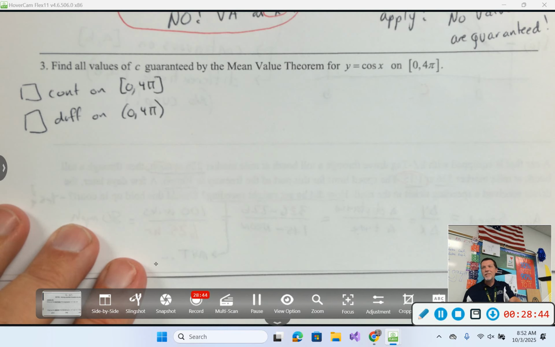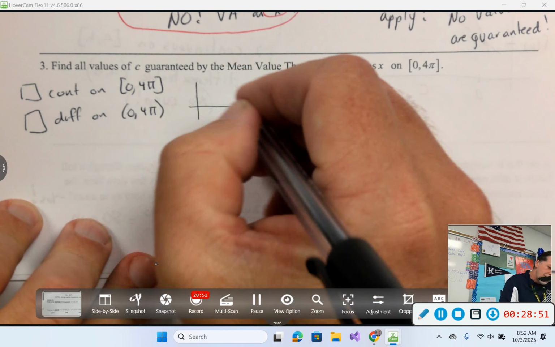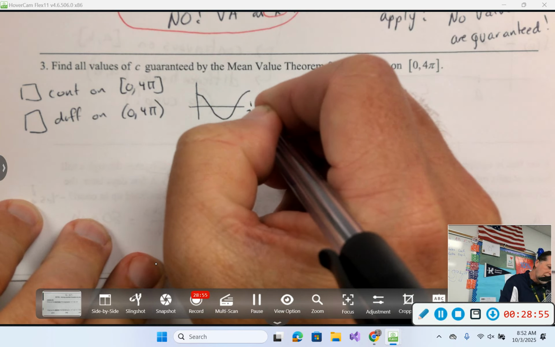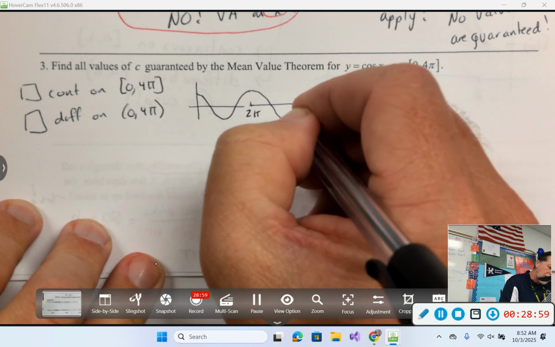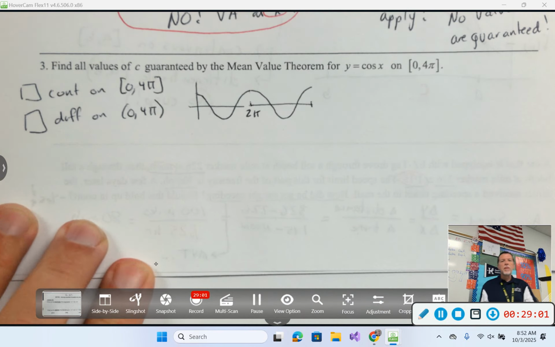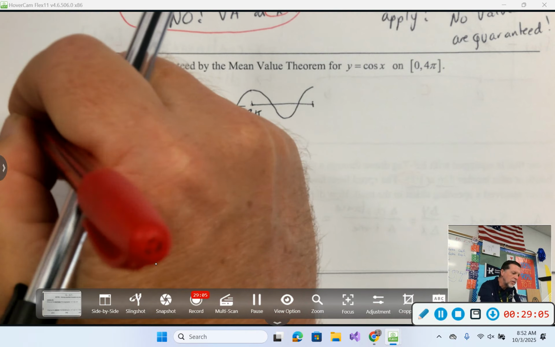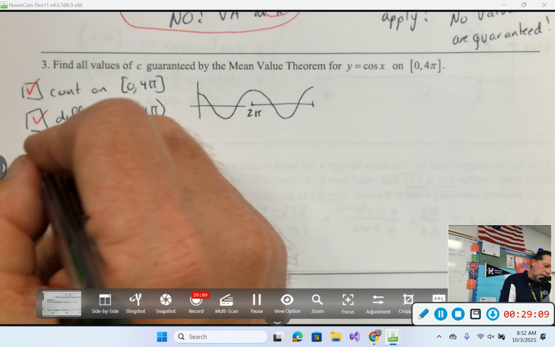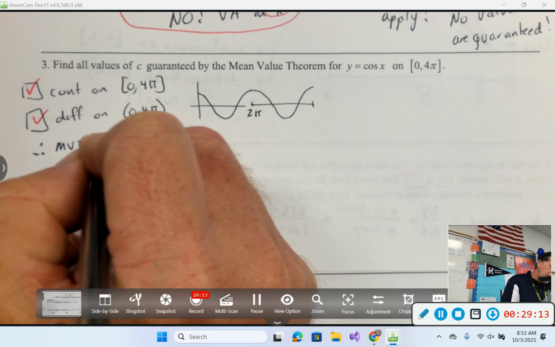Even roughly, you don't have to be perfect. Yeah, I see a few of you doing this. Let's see, 0 to 2 pi, it looks like that. So 4 pi is going to be one more cycle of that thing. So yeah, just because it's cosine, it's continuous and differentiable. Therefore, MVT applies.